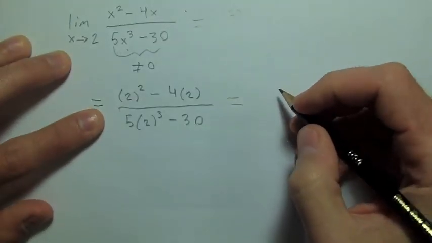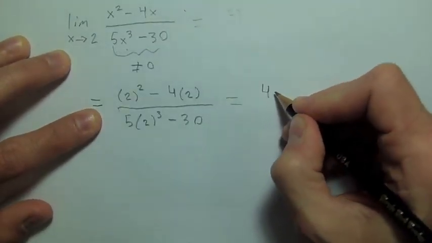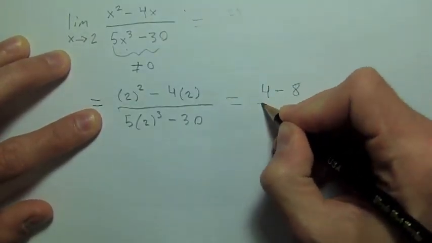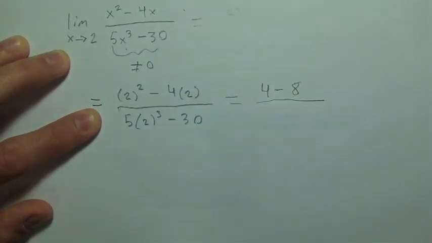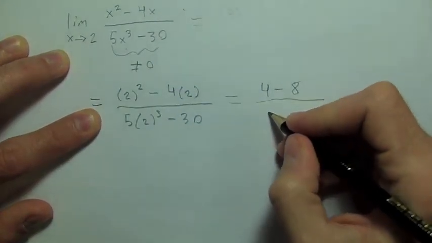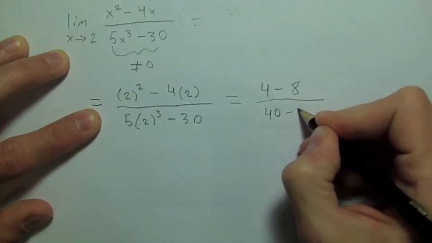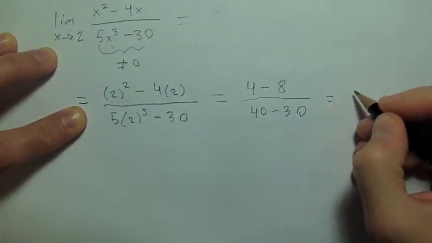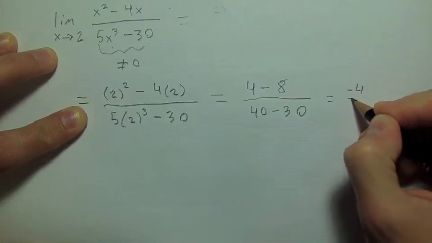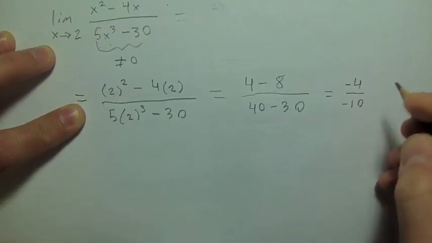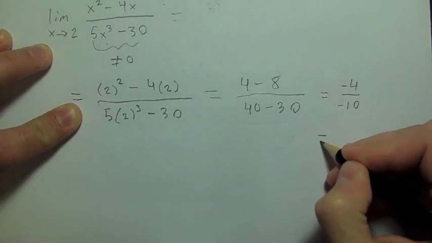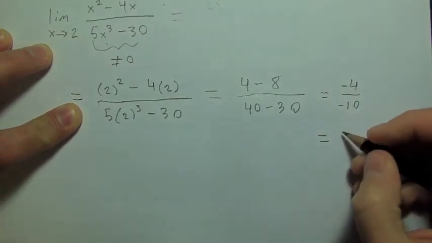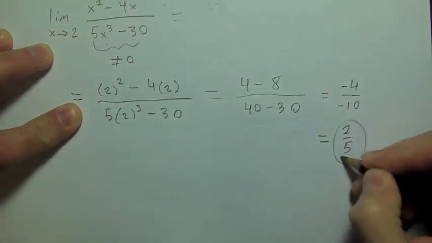So that's going to be 4 minus 8 all over, as I said, 40 minus 30, which will be negative 4 over negative 10. So that's 2/5.